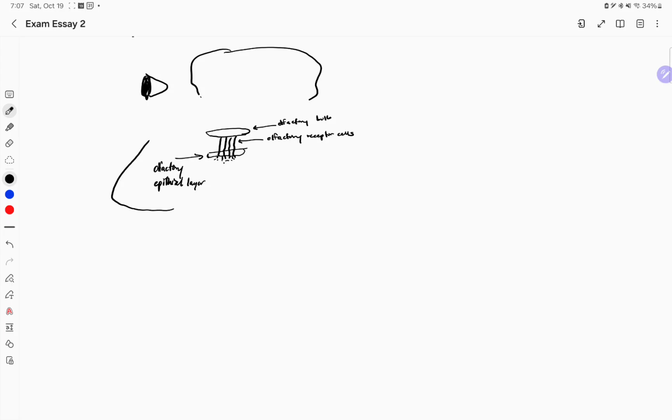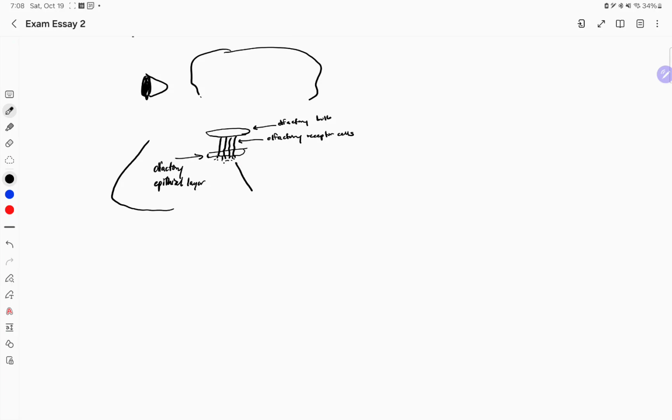And what we're particularly interested in is how does this particle that is sensed by the dendrite trigger this sensation or this afferent pathway to tell the brain what we're smelling.